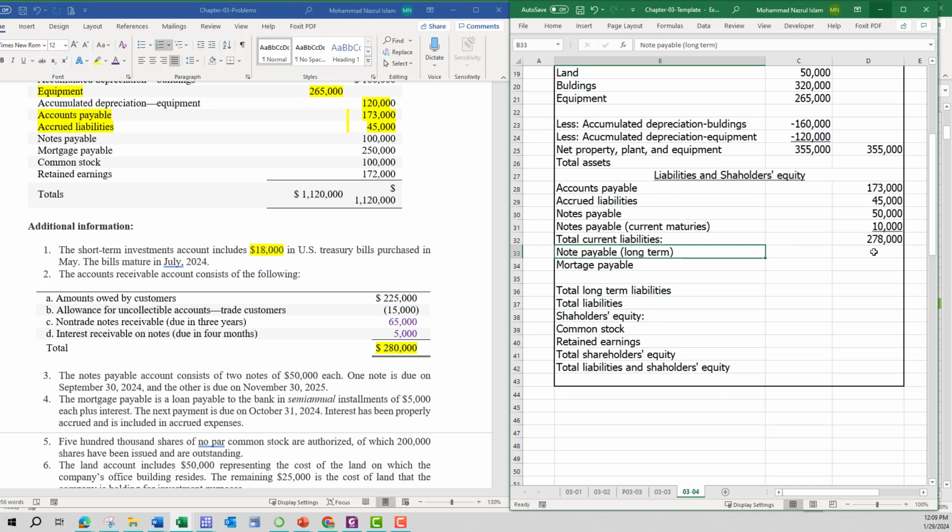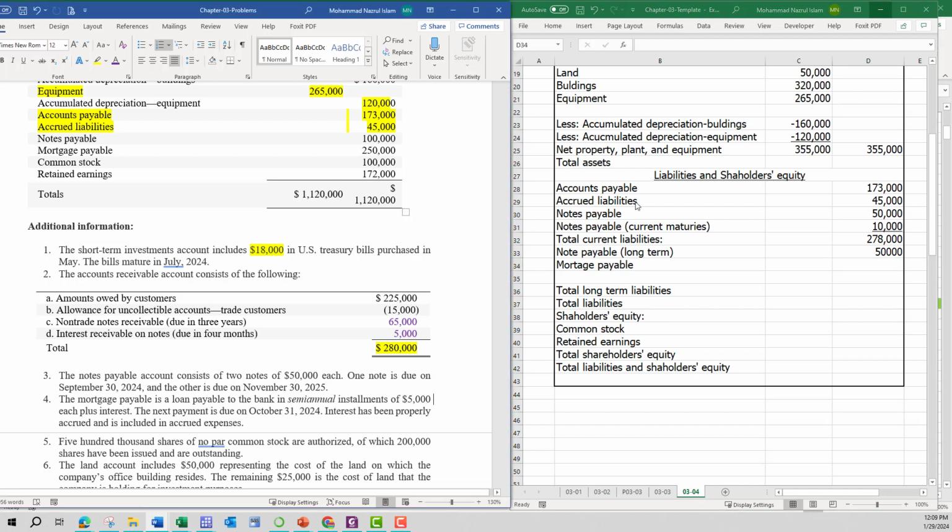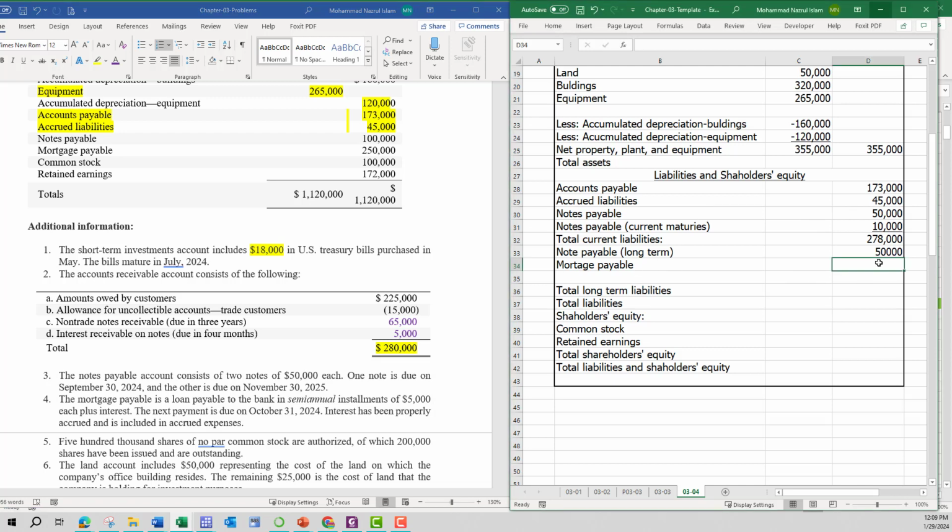Now notes payable long term is 50,000, right? Because out of this 100,000, we have already included 50,000 over here in the current notes payable. Our mortgage payable would be 250 minus the 10,000 we have paid, so 240.